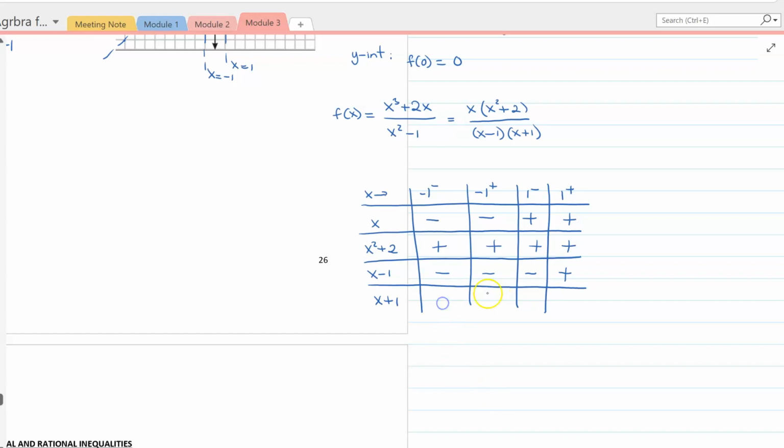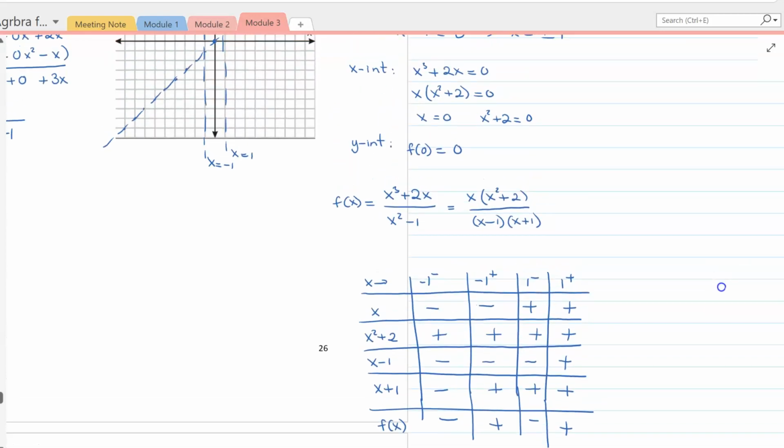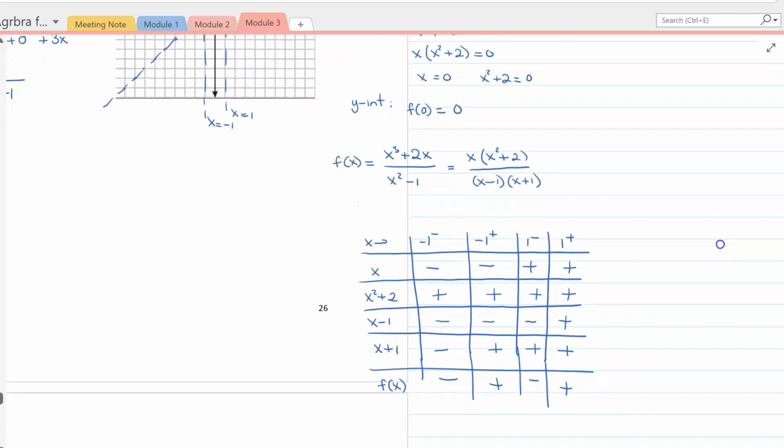Excuse me, this is negative, positive, positive, and positive. So overall, f of x is approaching negative infinity here, then positive, negative, and positive. Okay. So that's what we know so far.